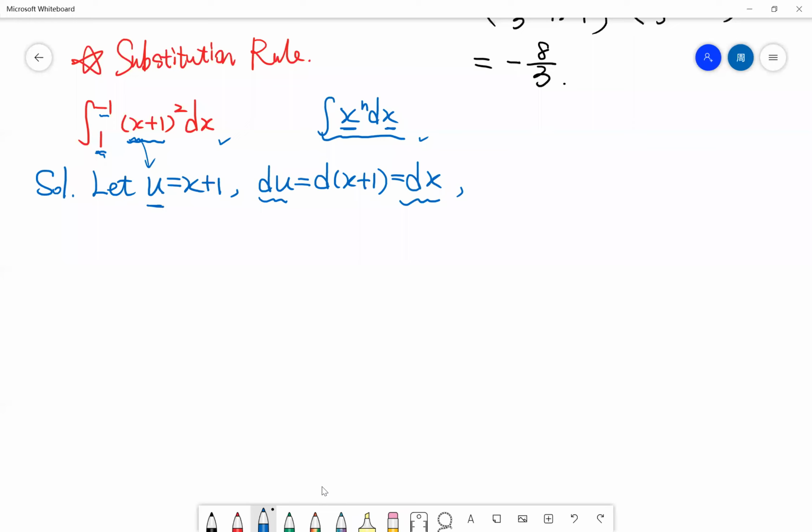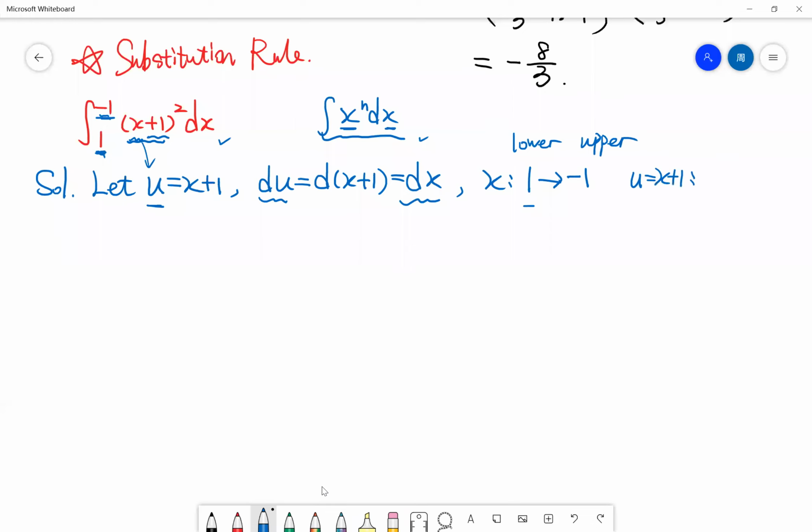So x is from 1 to -1. Here 1 means the lower limit, right? And -1 means the upper limit. So the range of x is from 1 to -1, and u equals x + 1.